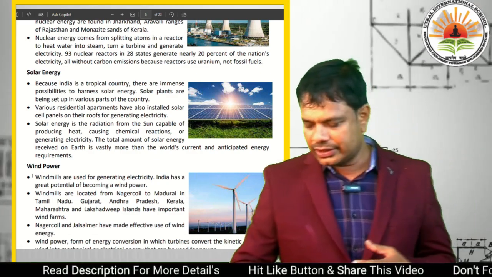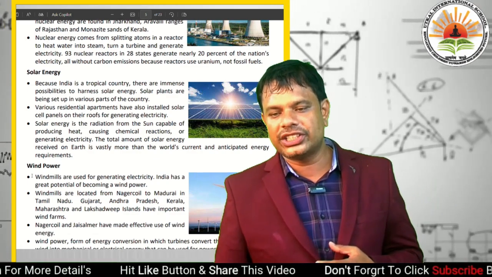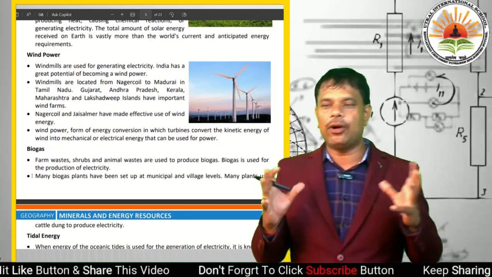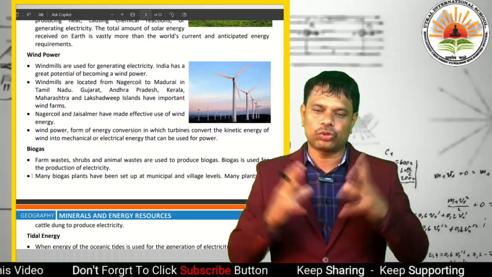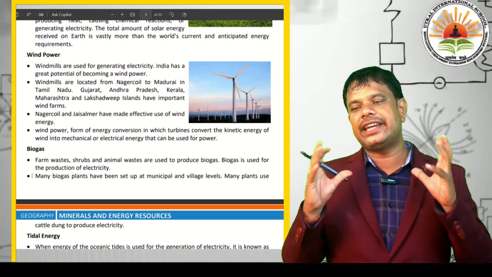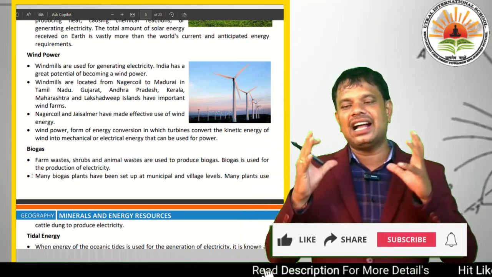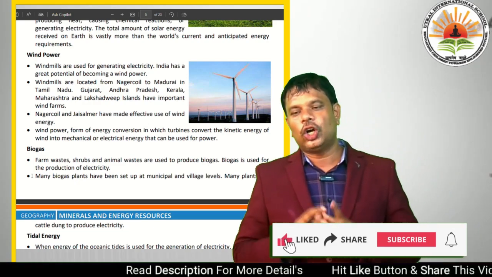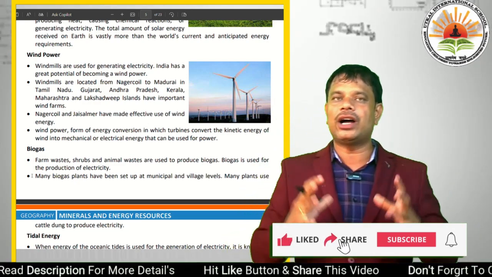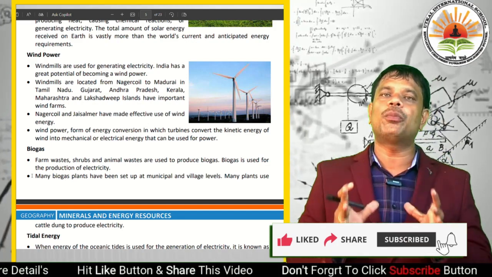Then, dear students, another energy is wind power. Windmills are used for generating electricity. India has a great potential of becoming a wind power; we have great availability of wind.